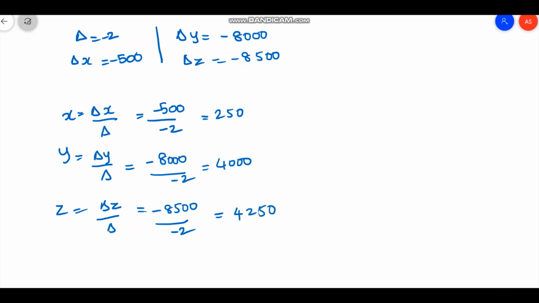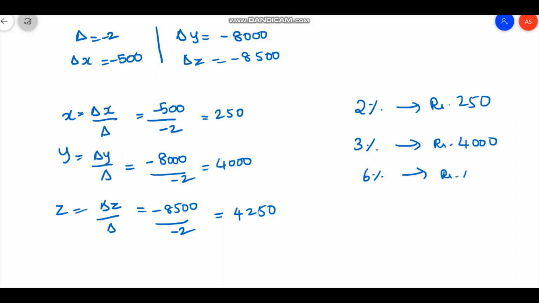Therefore the first amount, invested at 2%, is rupees 250, and for 3% the amount invested is rupees 4,000, and the last investment, at 6%, is rupees 4,250.